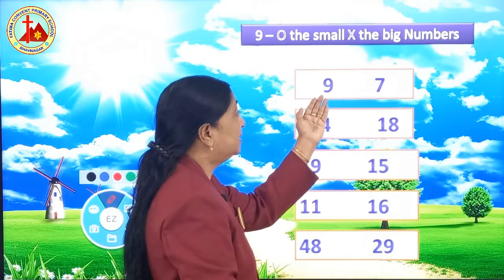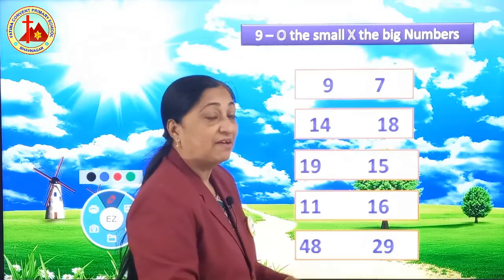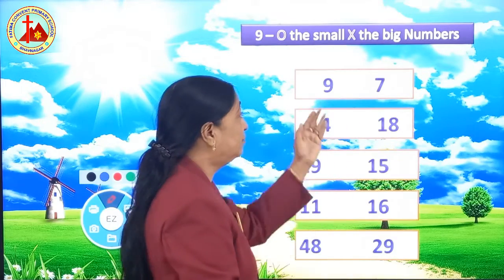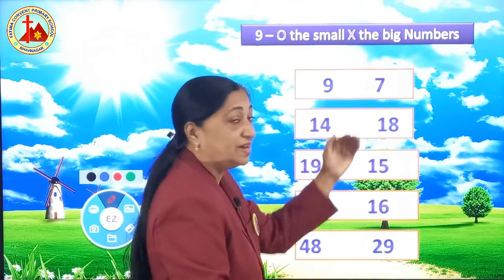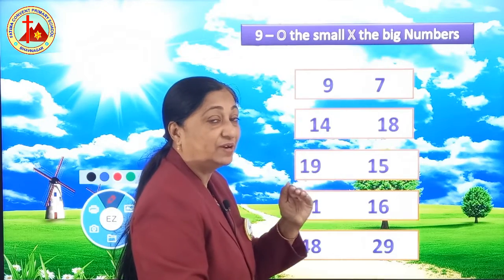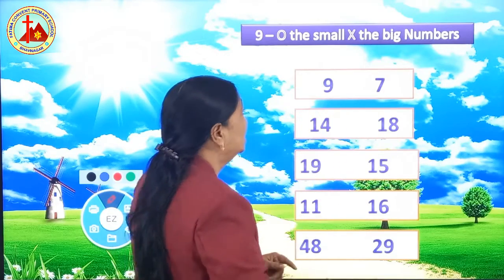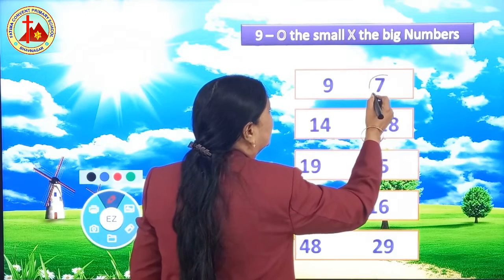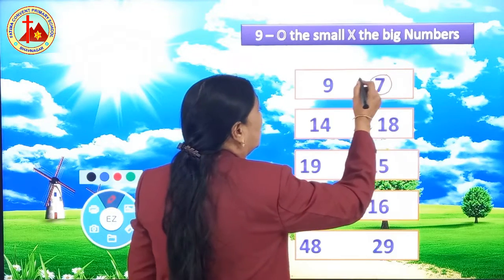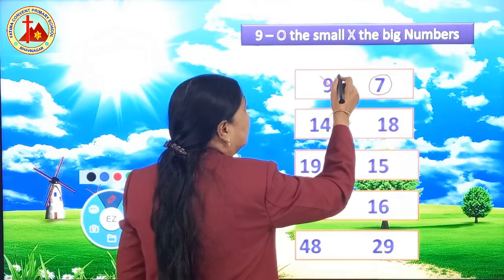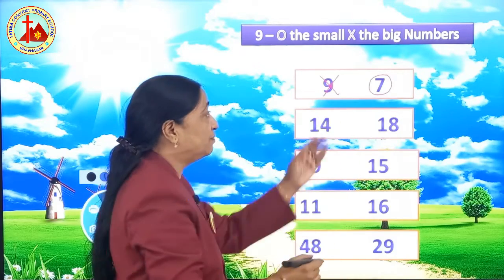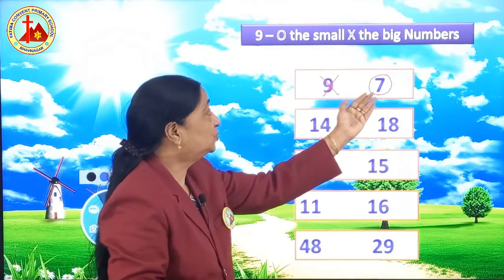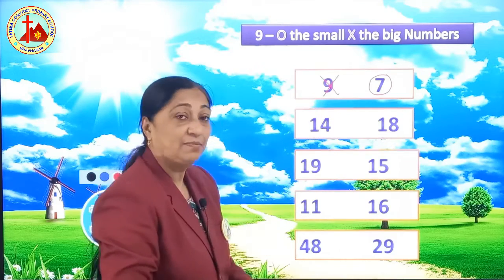Now here number 9 and number 7, from 1 to 10, which comes first? 7. Yes, when you count 1, 2, 3, 4, 5, 6, 7. So 7 is small. So you have to circle number 7. This is small and this is the bigger number. From among these two, 7 is small and 9 is a big number.